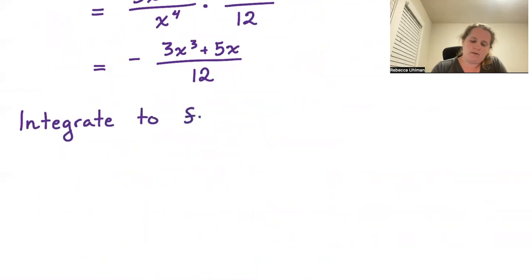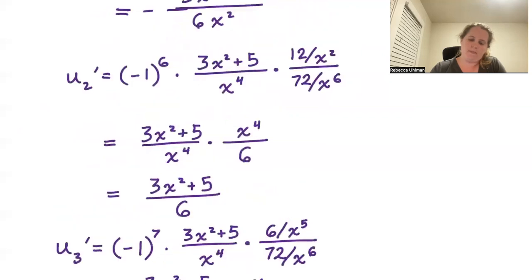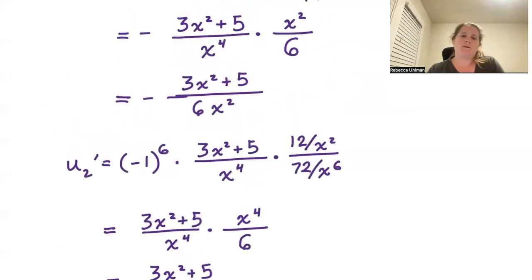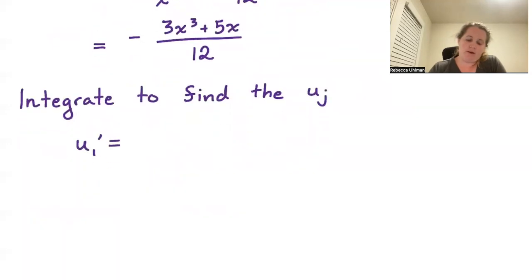to find the u sub j. So we had u1 prime was -3x squared plus 5 over 6x squared. The negative out front, and then 3x squared plus 5 over 6x squared.